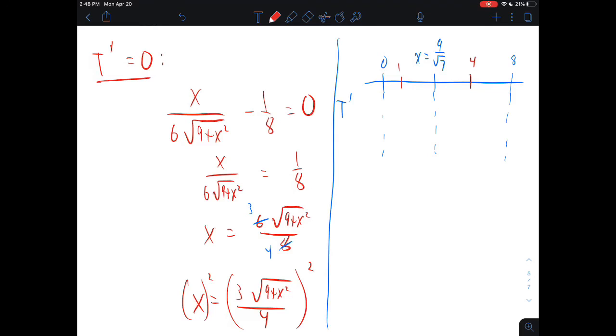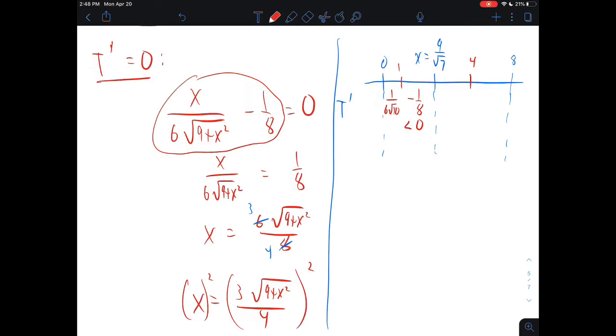If you plug in 1 to the derivative, remember the derivative is sitting right here, I get 1 over 6 times the square root of 10, so 1 over 6 times the square root of 10 minus 1/8. If you were to subtract those, you would see that you get a negative. So this is less than 0.